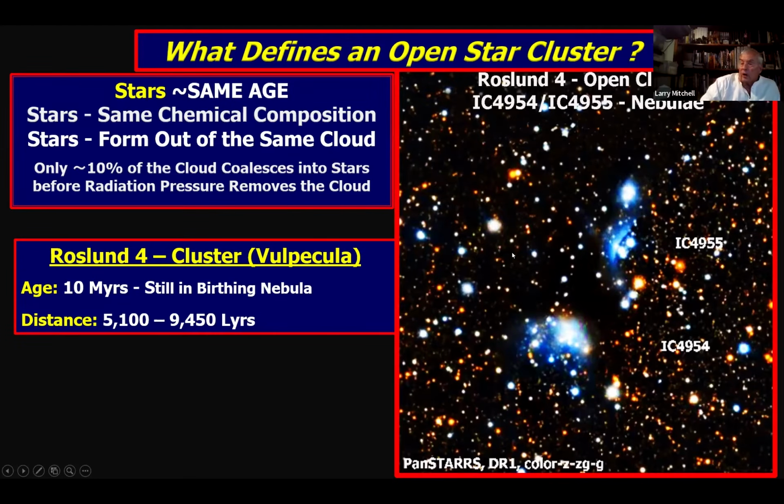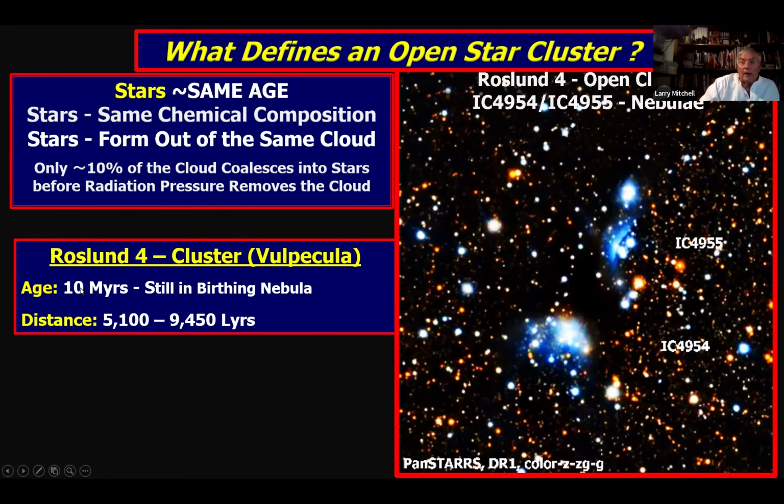The larger stars, the class O, class B, and class A stars, are extremely energetic, and they're throwing out radiation at a prodigious amount, and they will literally blow the cloud away and prevent further stars from forming. So it's rather unusual to get to see a young cluster with its birthing cloud still involved, but nevertheless, there's quite a few of them out there if you look for them.